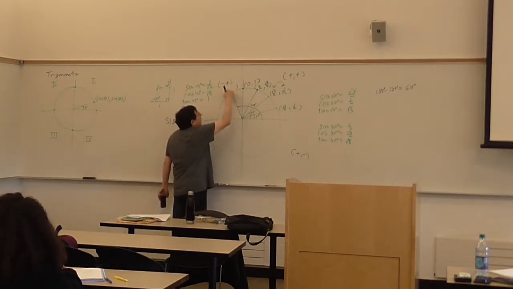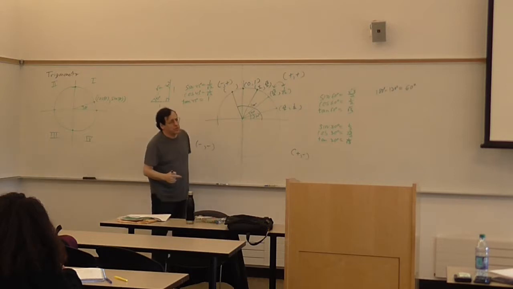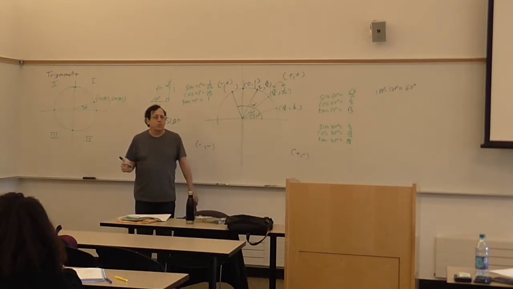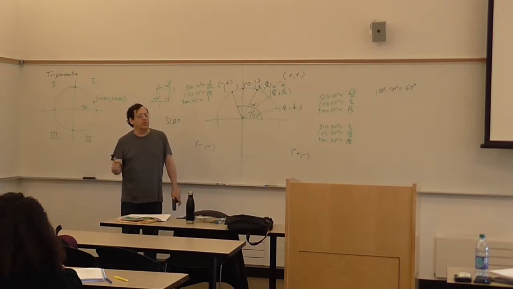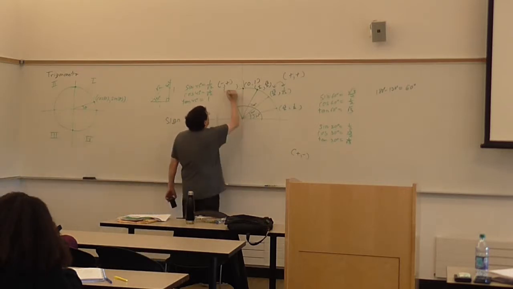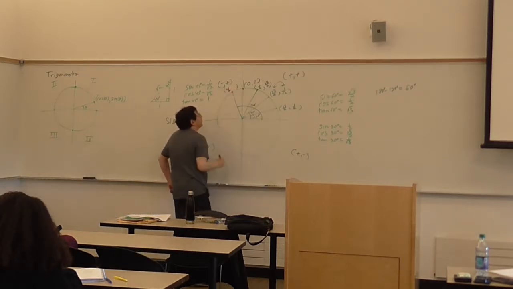So now we want the cosine of 120 degrees. So who's next? Are you up next, Albert? You're next. Yeah. Is it negative a half? Negative a half. Does everyone see why that is?